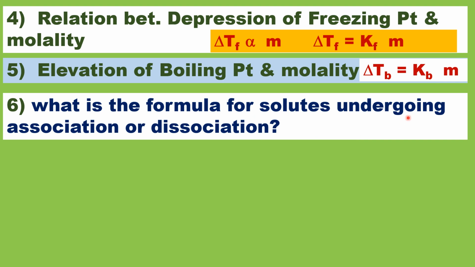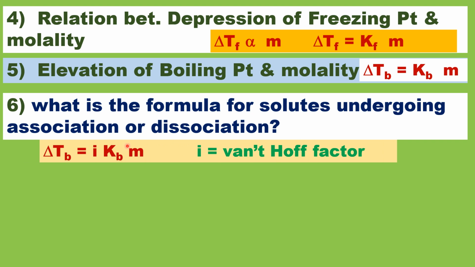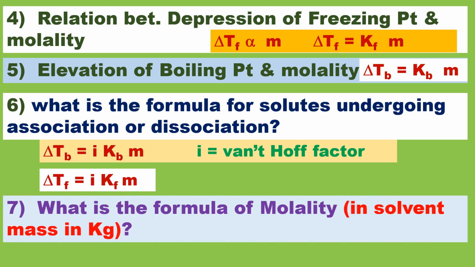For solutes undergoing association or dissociation, the below formula is used, that is delTb, elevation of boiling point, is equal to i Kb m, where i equals the van't Hoff factor. Similarly, depression of freezing point equals i Kf m. Now, in this formula, m is molality.